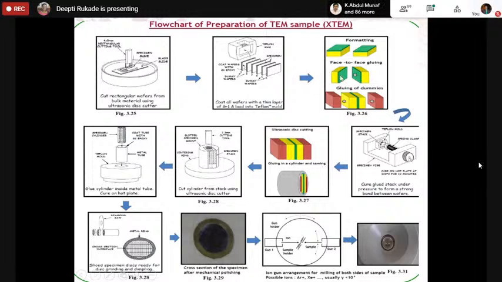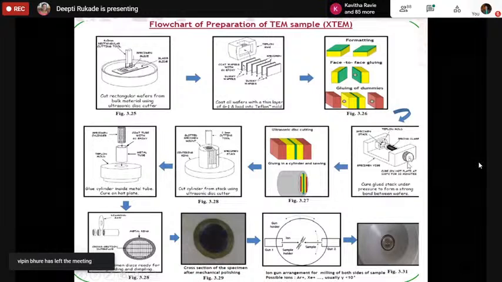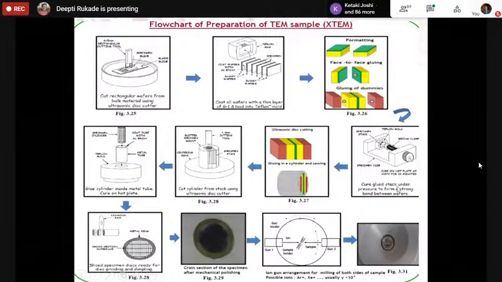Then the 2 wafers which are your actual film wafers, you glue using a specific kind of glue. And then you heat it on a hot plate. When you heat it on a hot plate, the binding becomes very strong. Then you again put some mechanical pressure and you get this gluing kind of box that you have seen, the green, yellow, and the red one.